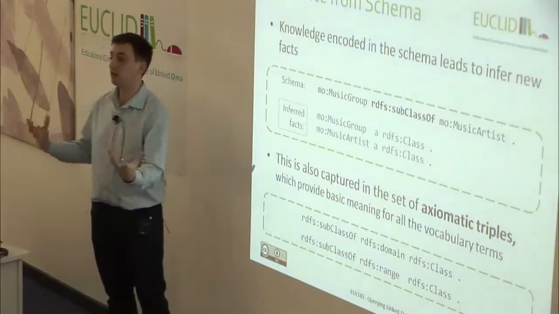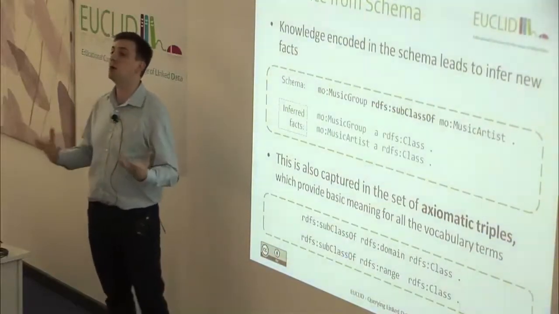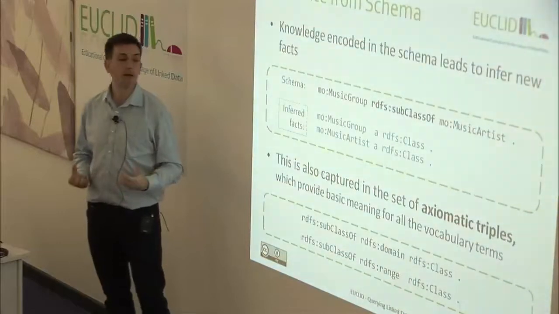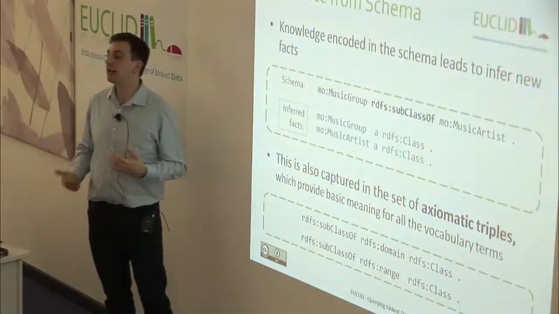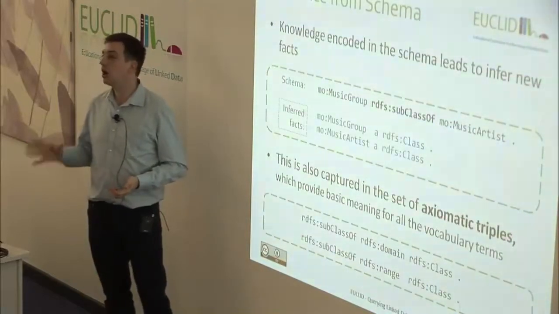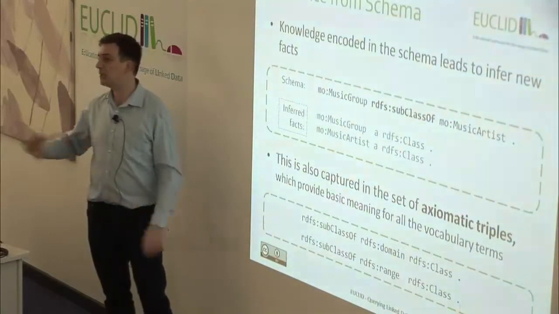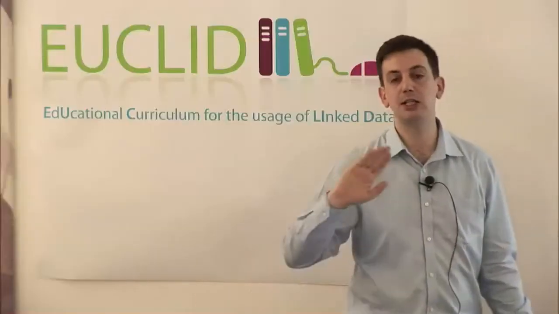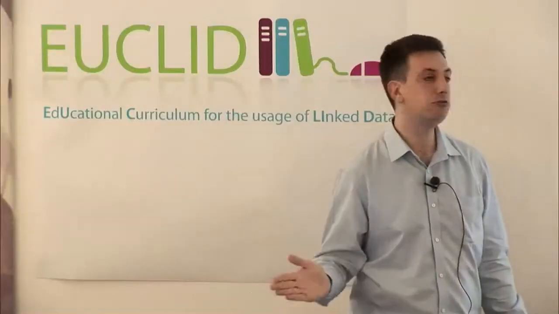Because if one thing is a subclass of another thing, they must both be classes. Even without any of our declared classes and properties, there are some things that hold as triples without any instances, without any new classes, without any new properties.